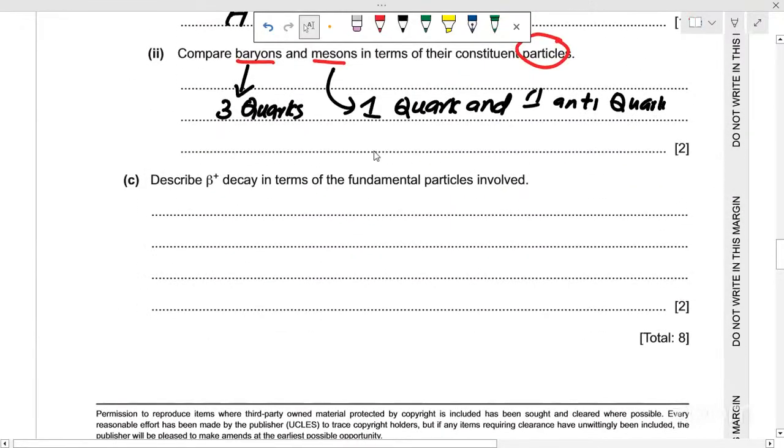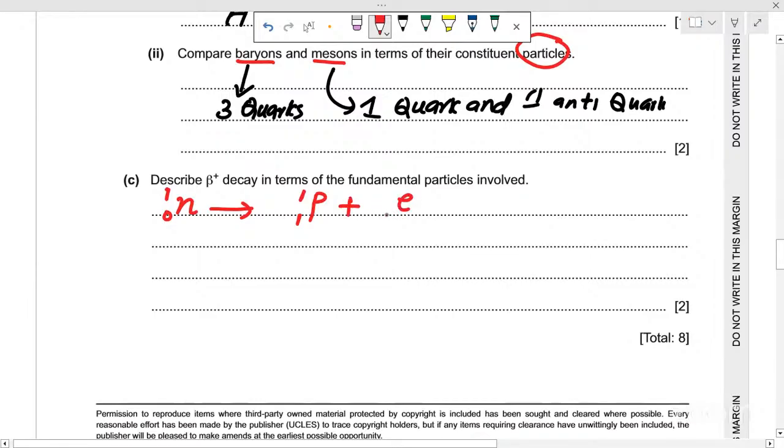Describe beta positive decay in terms of fundamental particles involved. If I write the equation of beta particles, for example, if you have a neutron, the charge on neutron is 0 and nucleon number is 1, and this changes to proton, which is 1 and 1, what should be emitted?